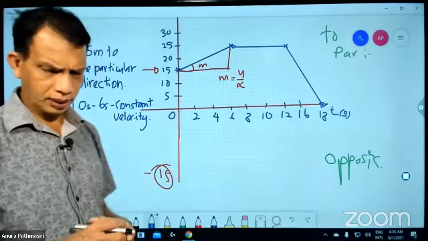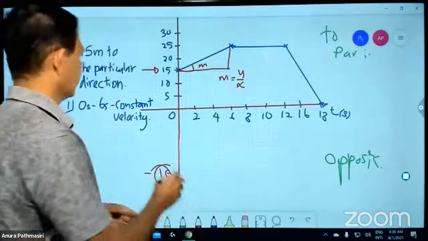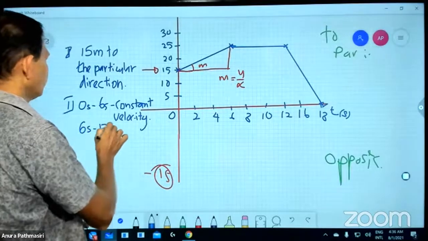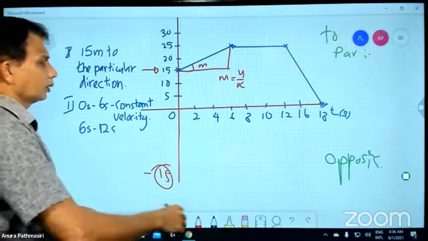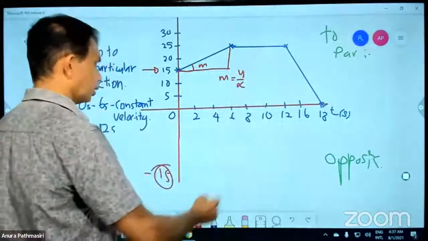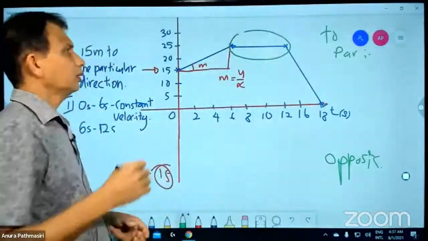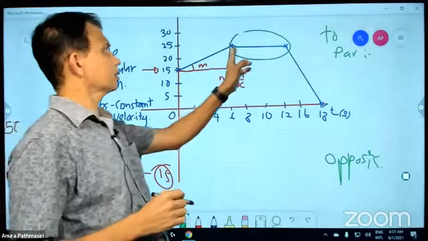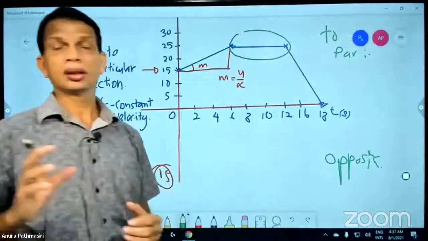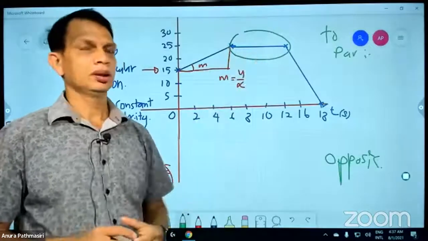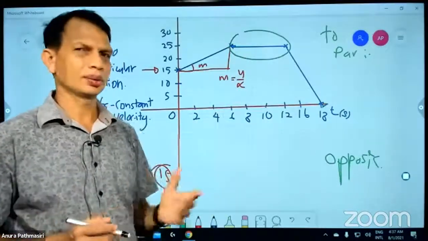My second one, 6 second to 12 second. During this particular period, the gradient of the graph over here is no value, it's 0.